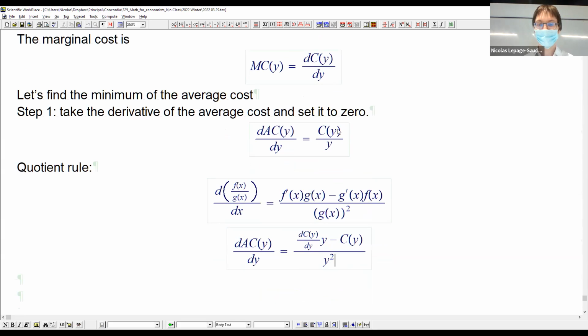So again, f prime of x is dC of y over dy, times g of x, this is just y, minus g prime of x, it's dy over dy, so it's 1, times f of x, it's just C of y, then divided by whatever I had at the denominator, but squared, so y squared. Okay.